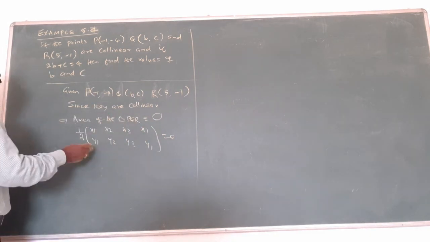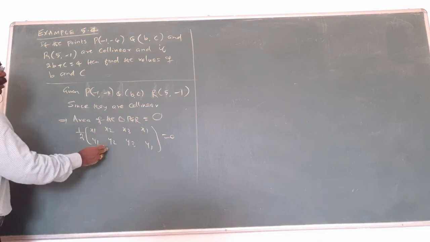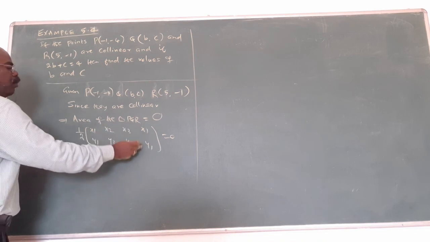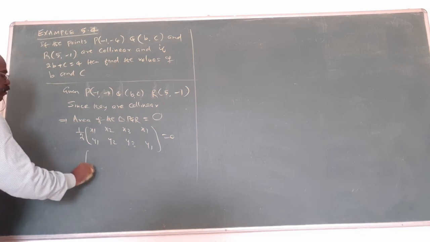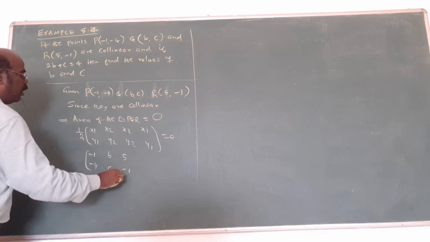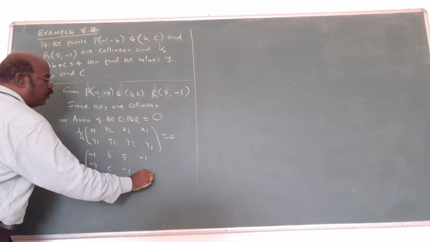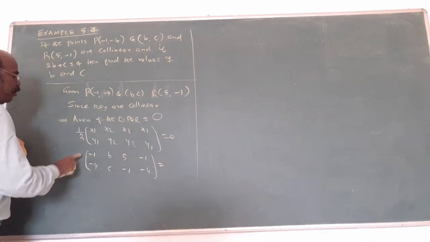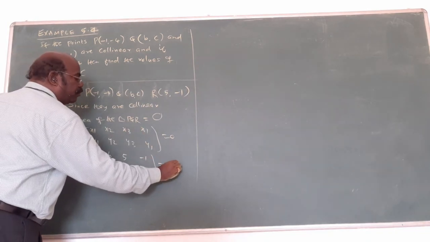Half into, what is the formula? x1 y1, x2 y2, x3 y3, x1 y1 equal to 0. Now, what is the first point? Minus 1 comma minus 4. B, C, 5 minus 1. Again, minus 1 minus 4, equal to 0.